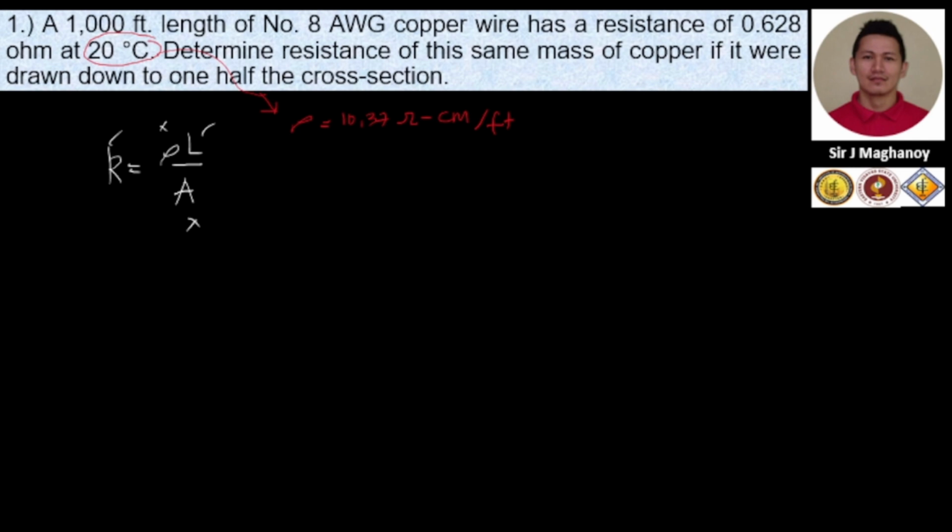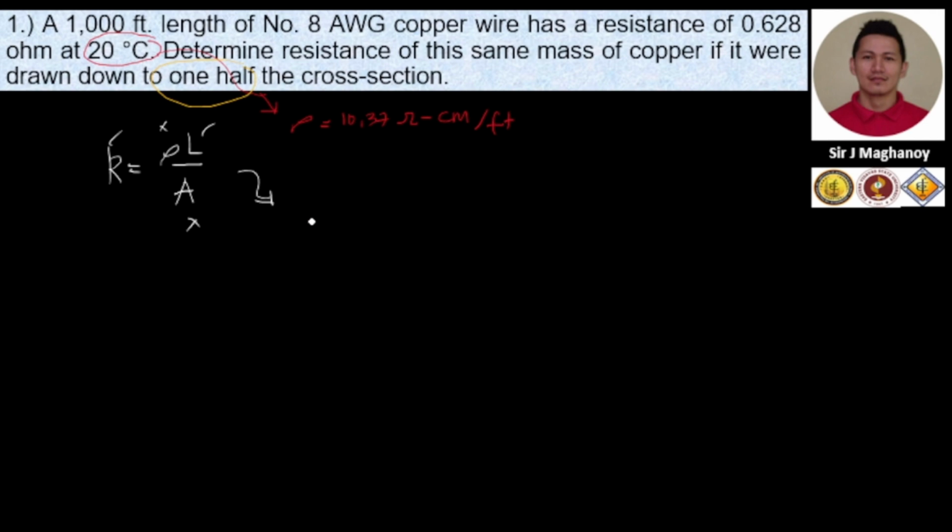If we use this resistivity value, we can determine the value of our cross-sectional area, which we are going to determine first. Then we apply this one half effect because of the drawing process.